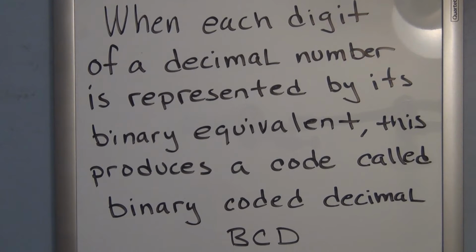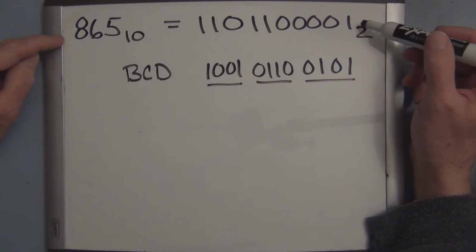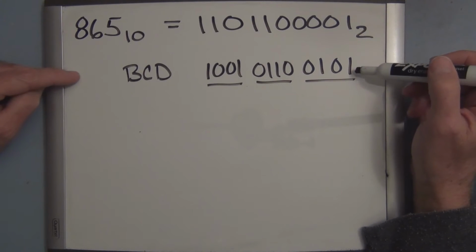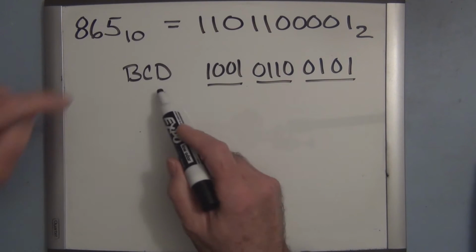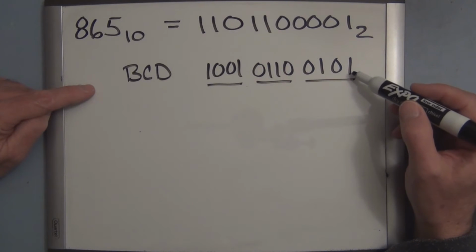So to reiterate, when each digit of a decimal number is represented by its binary equivalent, this produces a code called the binary coded decimal, or BCD for short. Now, if you compare straight binary code to BCD code, you will notice that BCD code requires more binary bits.